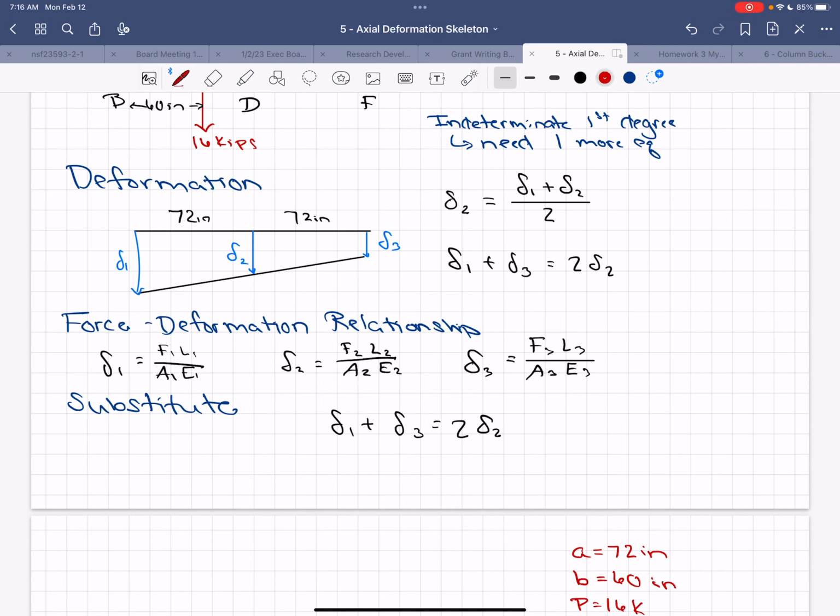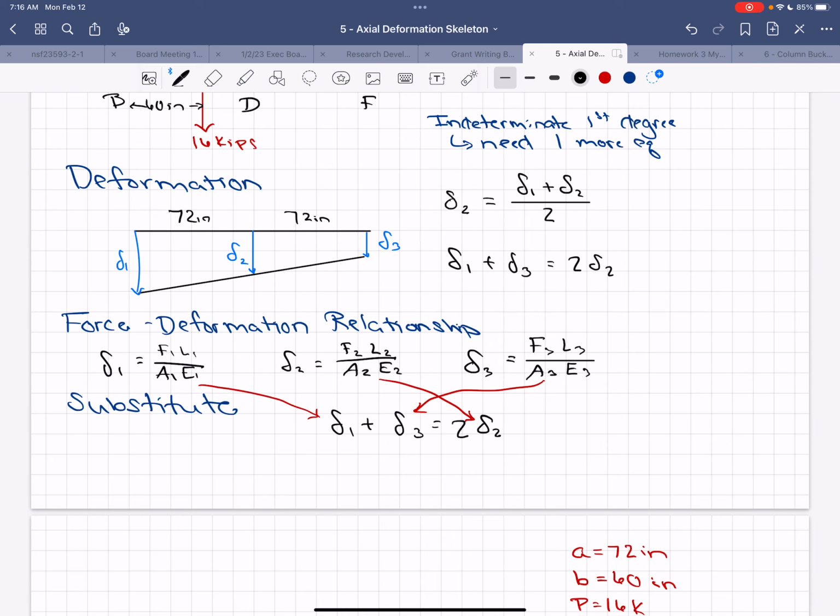And we're going to plug this in there. We're going to plug that in there. We're going to plug that in there. So this is going to give us our third equation.